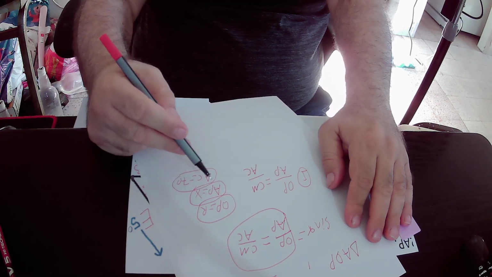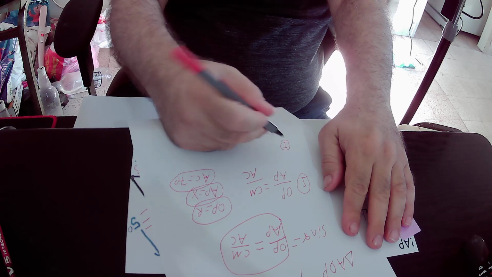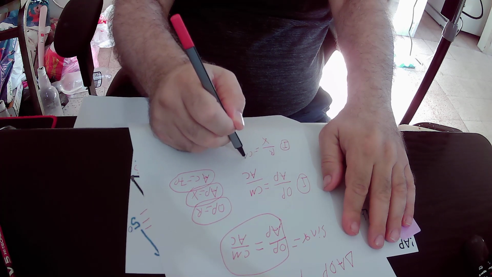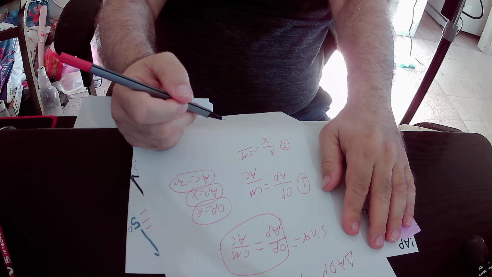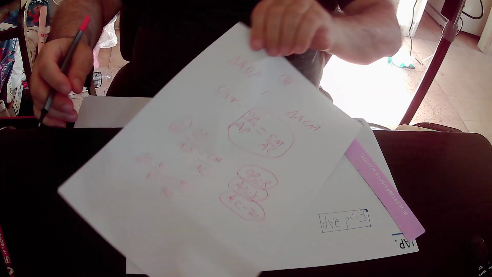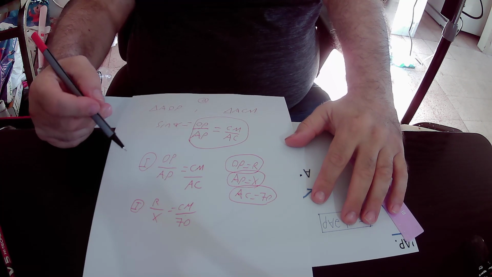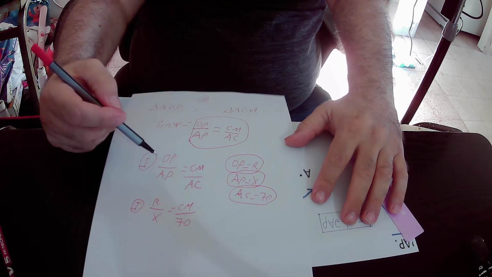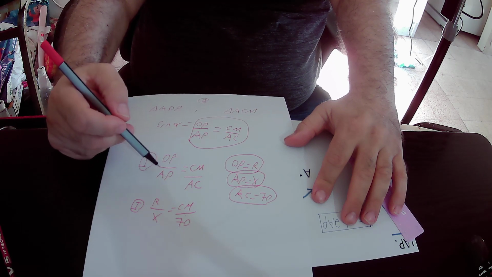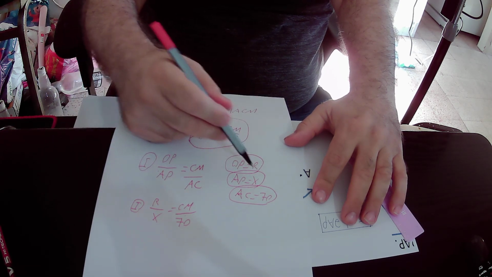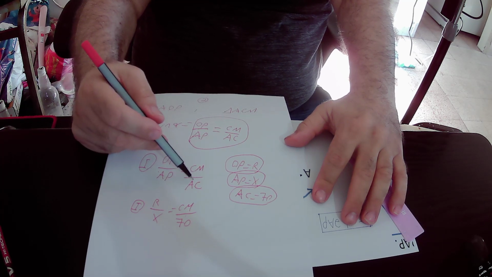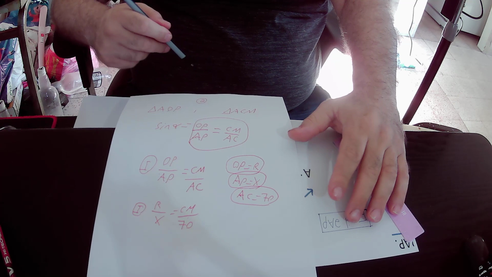So we can put the data in equation number 1. We substituted OP by R, because OP equals R, and we substituted AP by X, because AP equals X. We left CM as it is, and we substituted AC by 70, because AC equals 70.